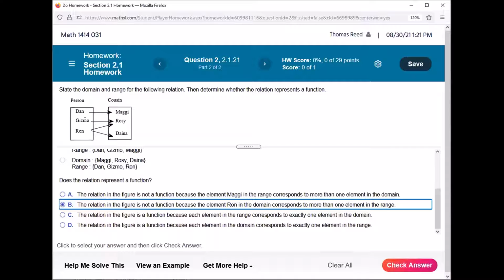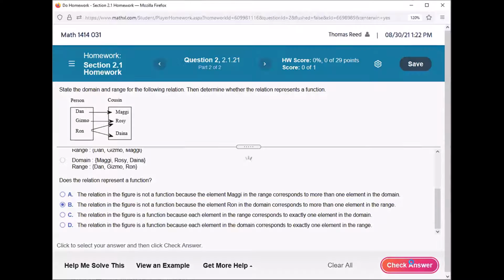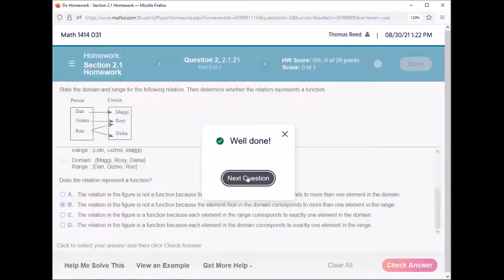So we could have just excluded Diane's name from this roster, and it would still have been a function because each person here only went to one name over here. But because Diane was included, Ron went to two different names over here, so it's not a function. And so, boom, it's going to say, well done.